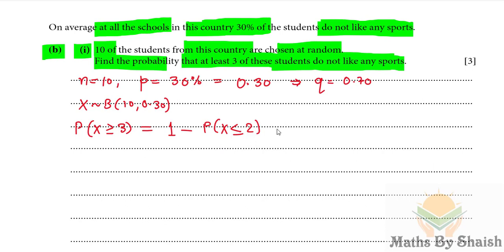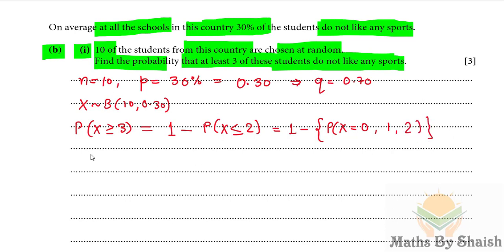So it becomes 1 minus, now it's a discrete value, the probability of X less than or equal to 2, which means we find the probability for X equals 0, 1, and 2, all.